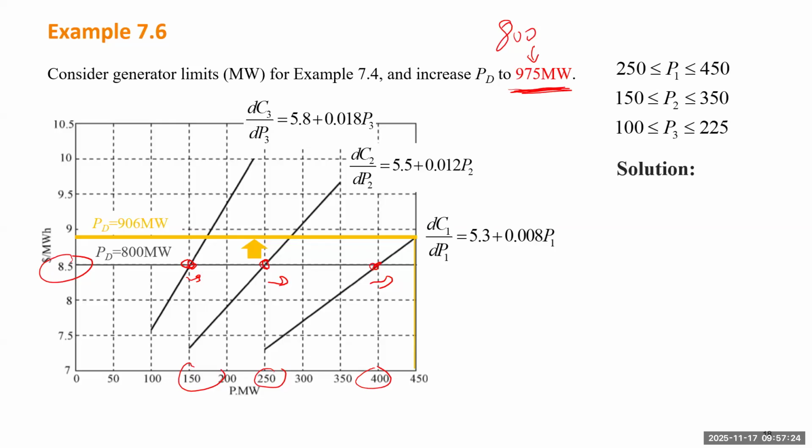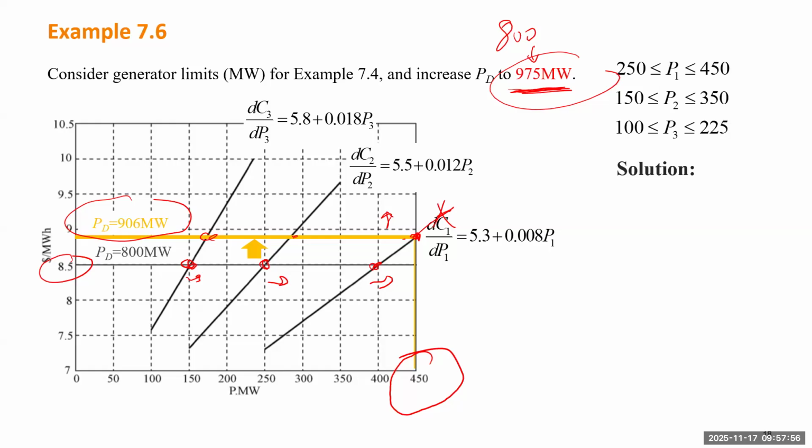But unfortunately, if you add the intersection point values, it doesn't give you our goal. It only gives you 906. There's still a gap. But for this unit, we cannot increase further. We cannot go beyond, that will be wrong. That will damage this unit. So unit number 1 will be fixed here, and we've decided its output.